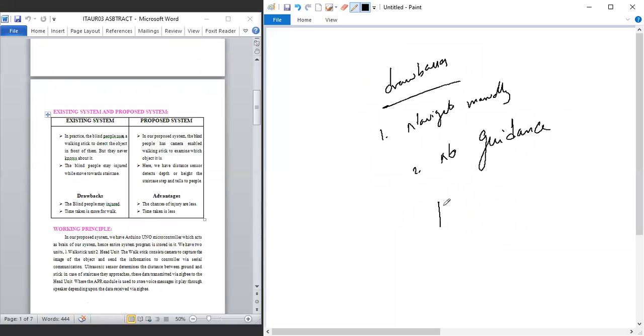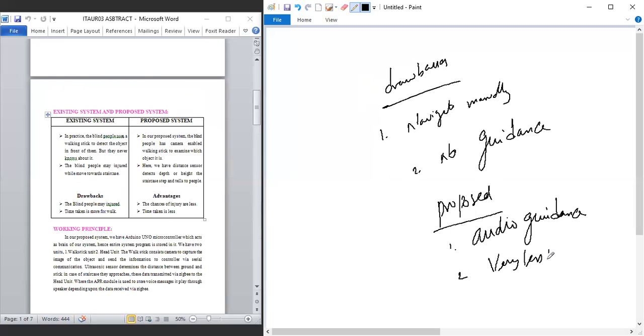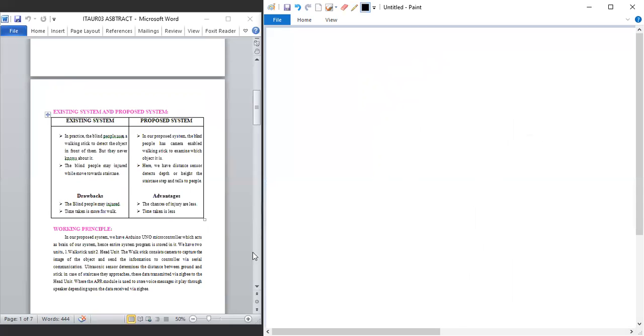In the proposed system, we are providing audio guidance to the person, and the time taken to identify the object is very little. These are the proposed advantages.